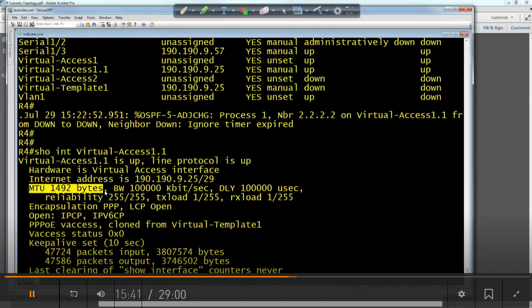So what we need to do is, 1492 is actually appropriate because with PPP over Ethernet, you can't send a 1500 byte packet. If I had a 1500 byte packet, normally that would be perfectly fine to put inside of an Ethernet frame. Ethernet would add an extra, like, 12 to 18 bytes, something like that, and it would be just right to reach the maximum size Ethernet frame.